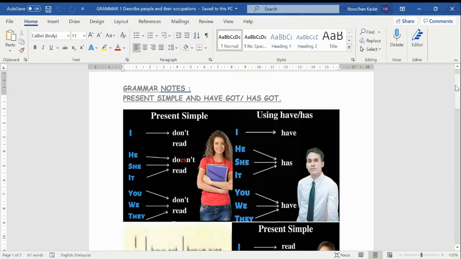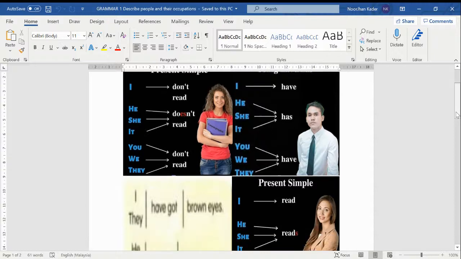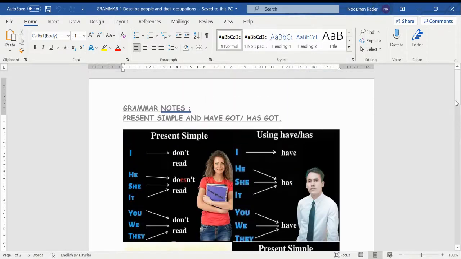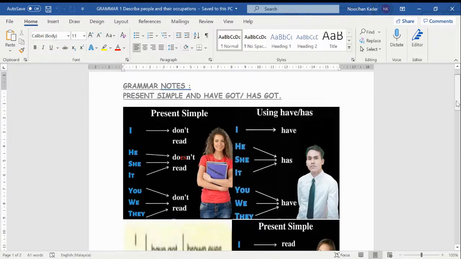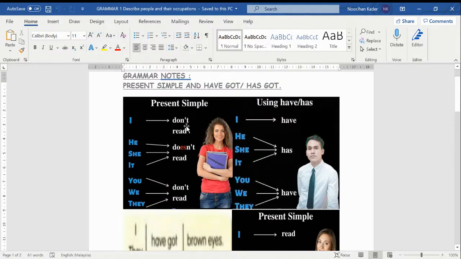I have here present simple tense, and also using have, has, and how to use have got and has got. Actually, this is more of present simple tense and possessive pronouns, but I have broken it up into two parts.